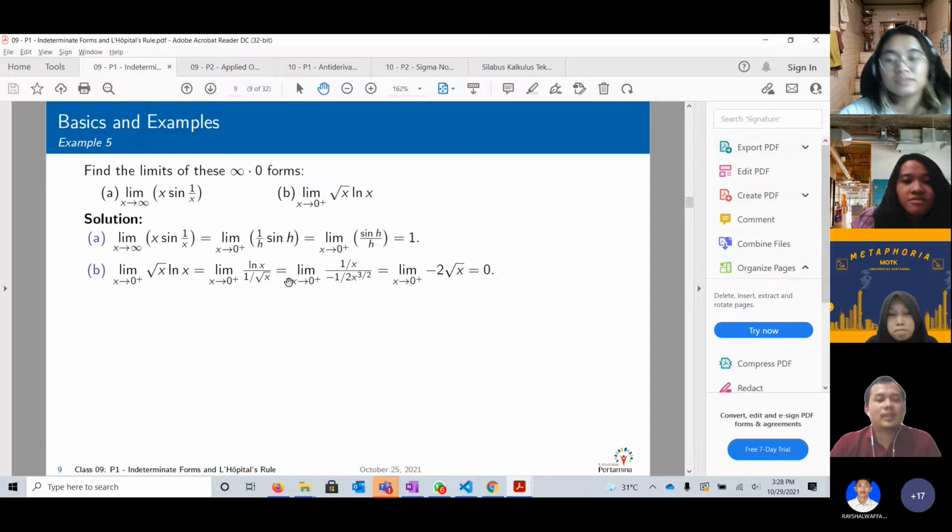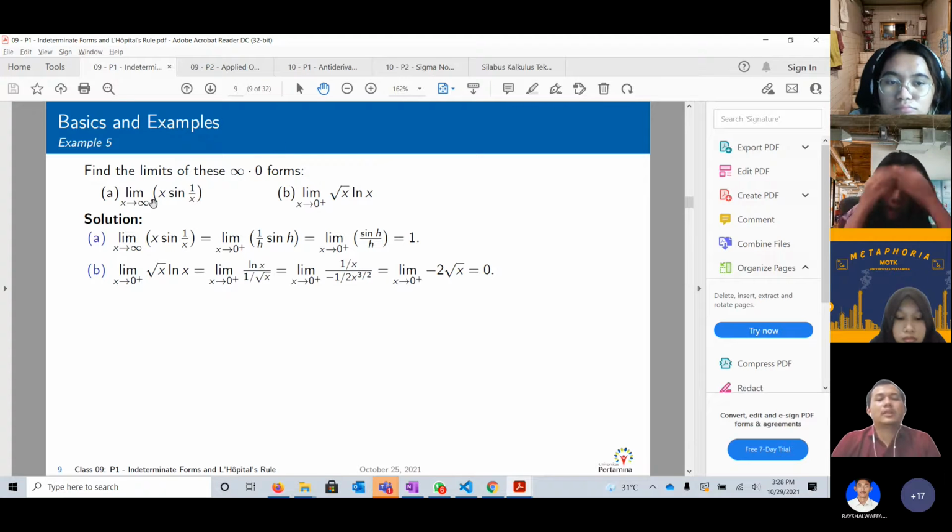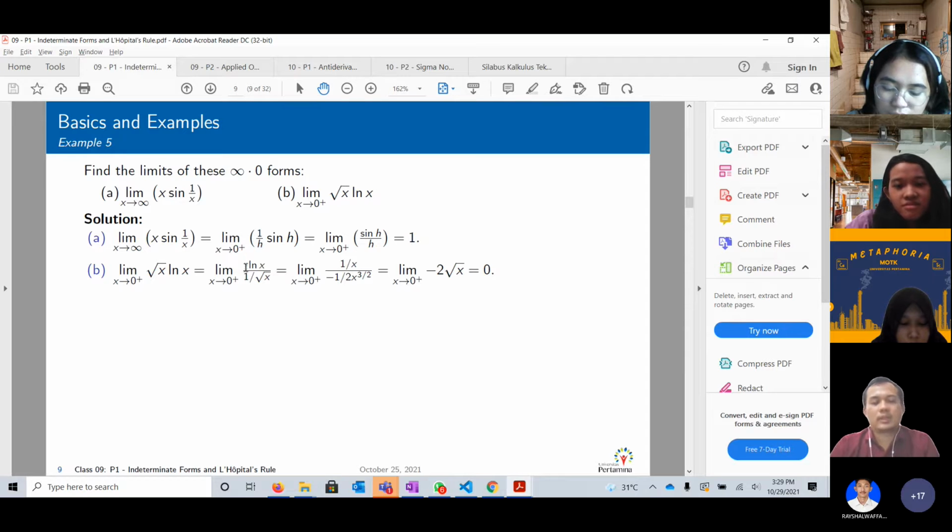But okay, now this is another trick. If we find an indeterminate form of infinity times 0, then how should we deal with this kind of form? For this first form, we can use our usual trick. In answer A, we let h equal to... sorry, this is not x going to 0 from the right, but this should be h going to 0 from the right.